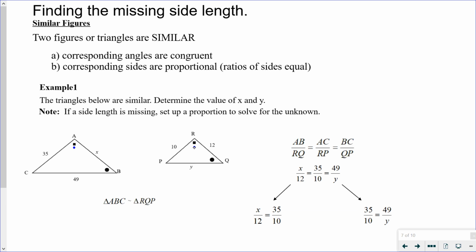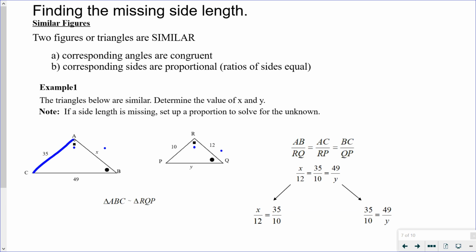So now we can set up an extended proportion and then substitute the numbers and the variables back in the place of those letters to find out which two ratios we would set equal to solve for X or Y. So if you notice, AB is X and RQ is 12, so we wrote a ratio of X over 12.